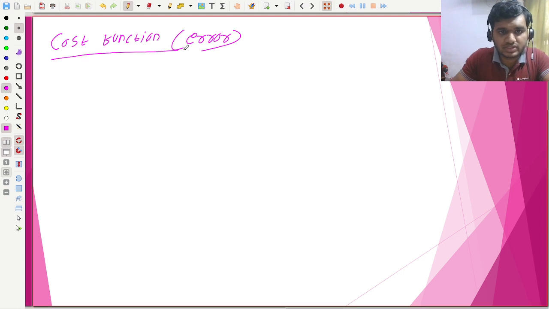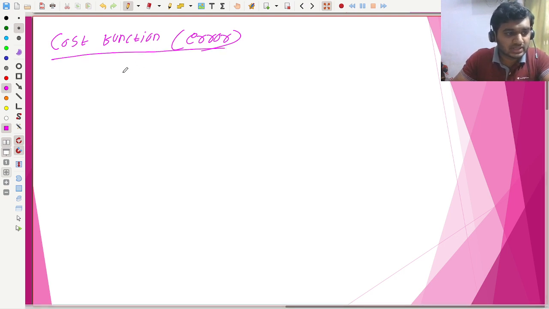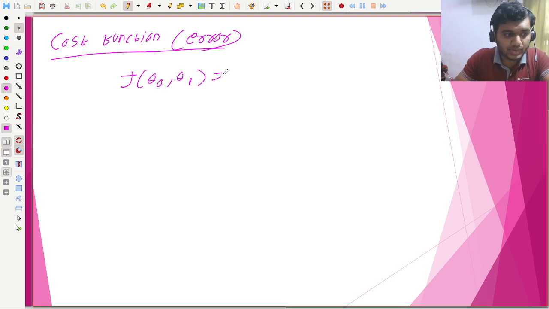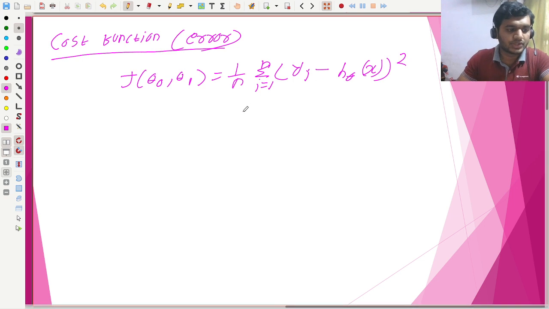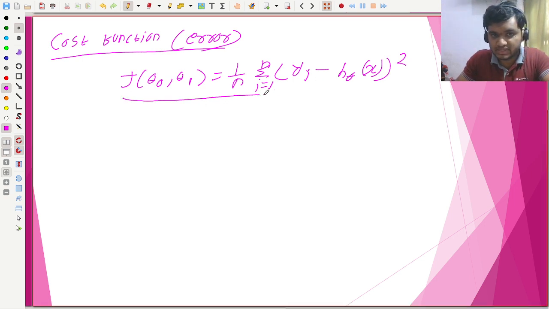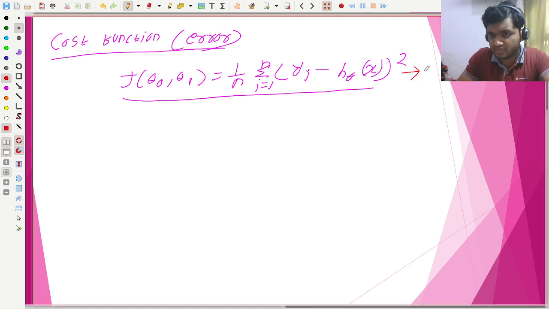Suppose the parameters are theta 0, theta 1. The formula is 1 by n, summation of i equal to 1 to n, actual minus predicted, squared. This is the formula of mean square error.